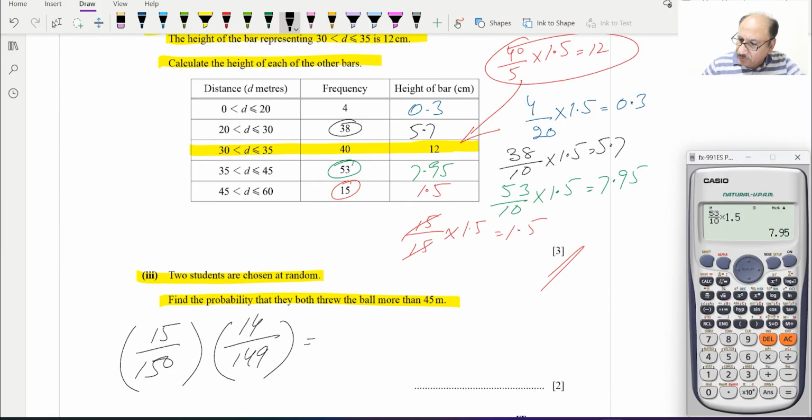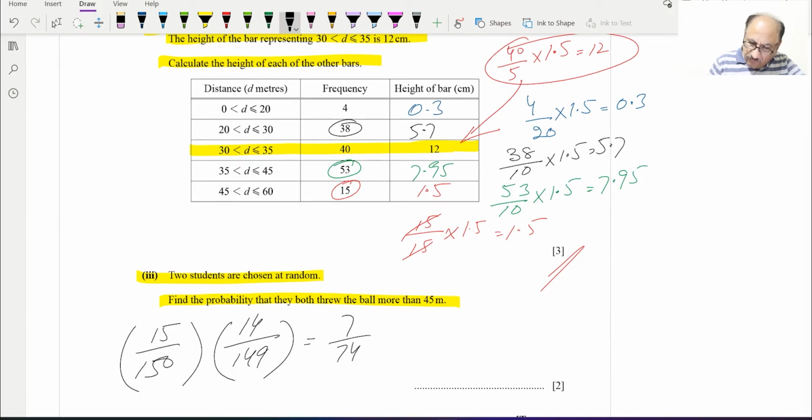So we multiply 15 over 150 by 14 over 149, and this results in 7 over 745, which will be our final answer for 2 marks.